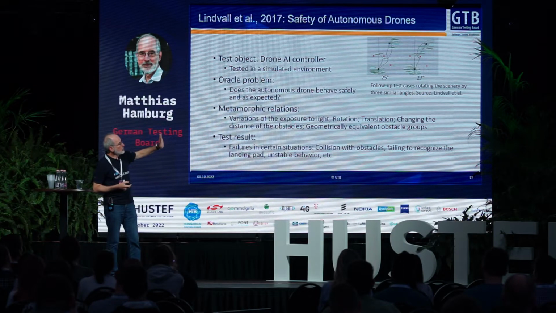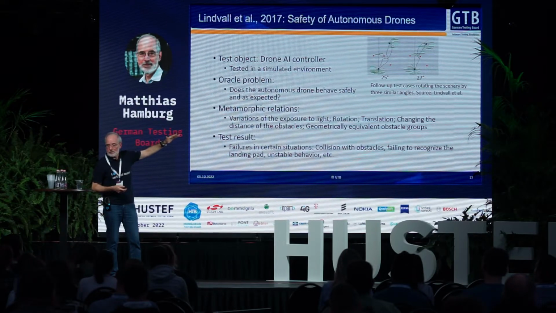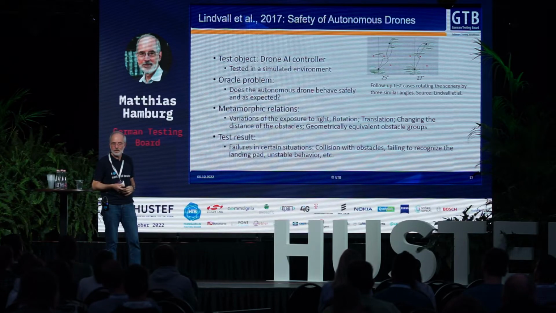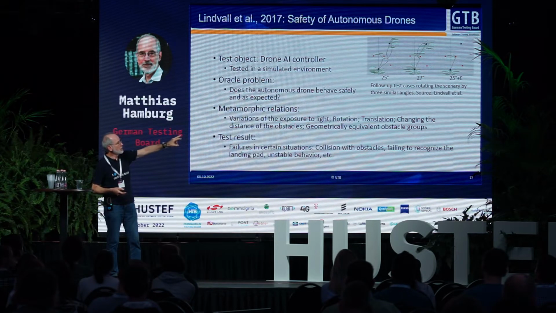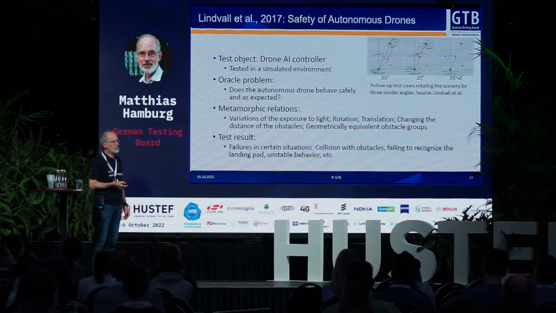When they rotated it more than 25 degrees, 27 degrees, suddenly the drone avoided the obstacle from the left side. So they started reflecting when does this change happen, and they found really the angle at which the drone flew directly into the obstacle and crashed. So this is one of the examples in this case study.